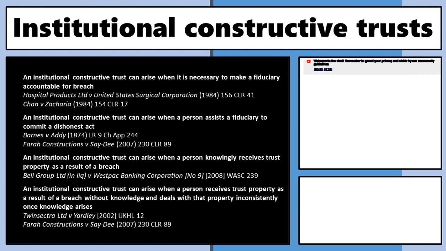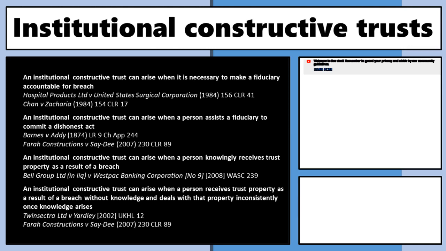I'm not sure, did Tina talk about that case? The two limbs of Barnes and Addy? This idea of assisting a fiduciary to do something dishonest. Assisting a fiduciary to do dishonest things is actually the second limb of Barnes and Addy, not the first. The first one is to do with the receipt of property.